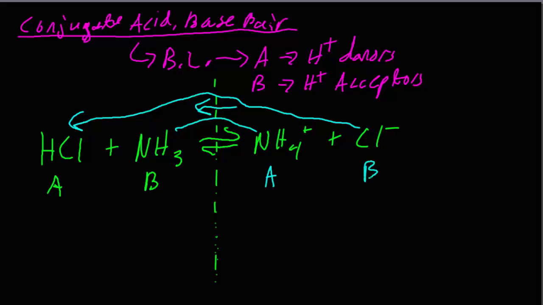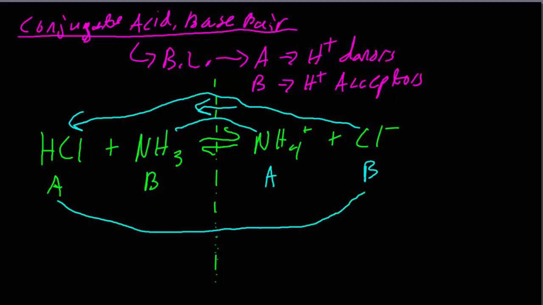And that's important, right? That's really the idea of a conjugate acid-base pair, is that acid-base reactions happen in reversible reactions. So when you have an acid-base reaction, the acid loses its H plus, and really what it does is it turns into a base on the other side.